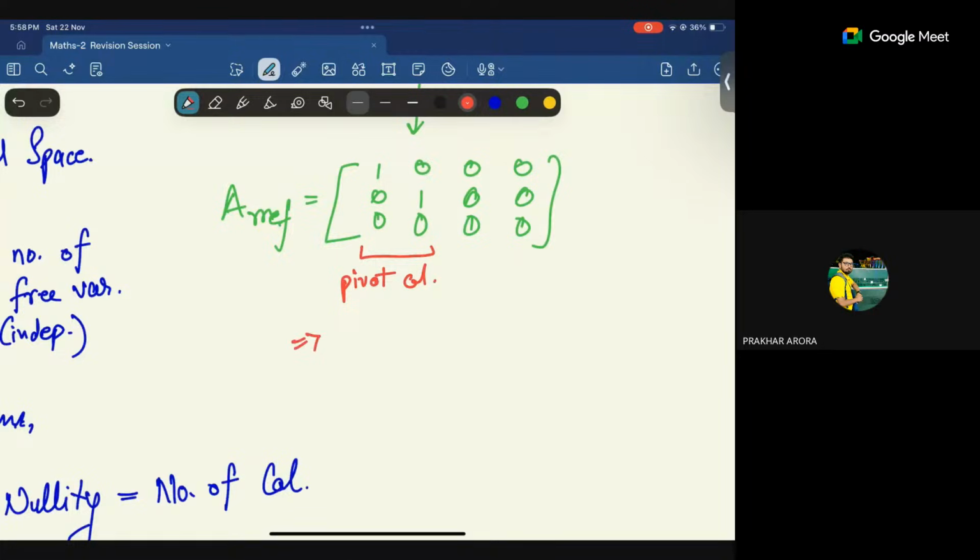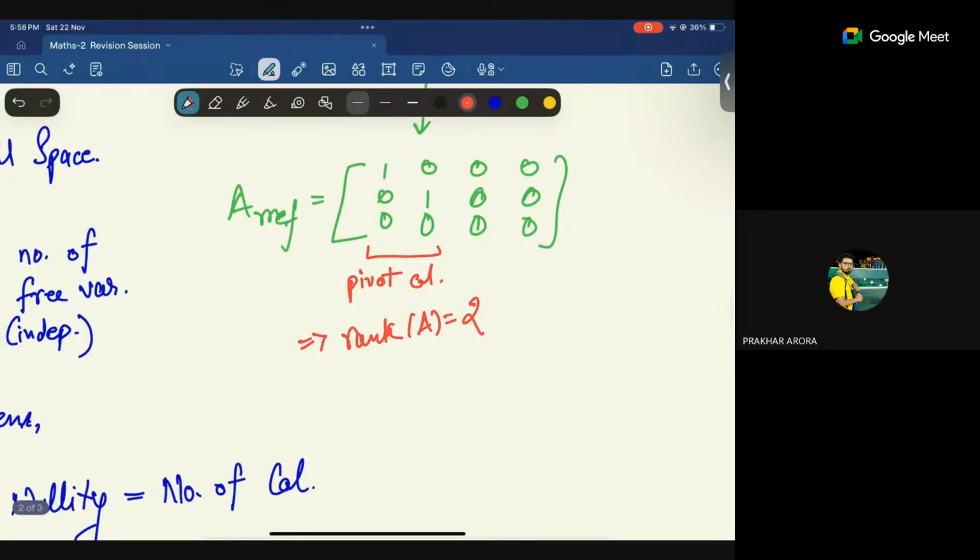That implies rank of A is equal to 2, and it is easy to see that the number of columns is 4. That implies nullity is equal to 2. This is how I calculate nullity, and I think it is the easiest way. Instead of doing free variable, independent variable, dependent column, this is a neat way to do it.